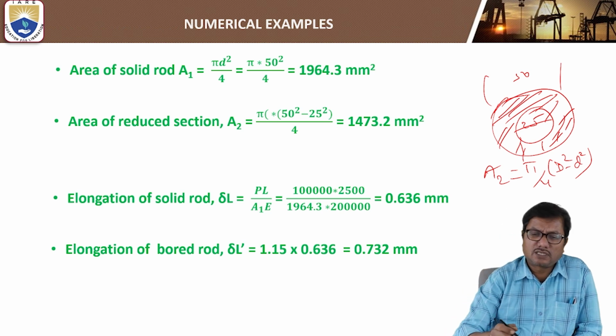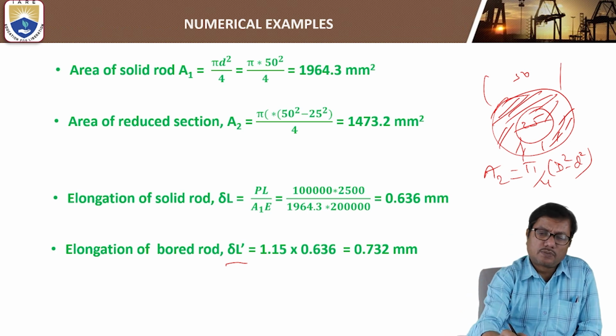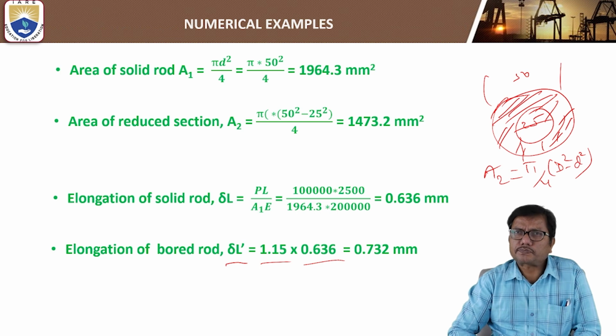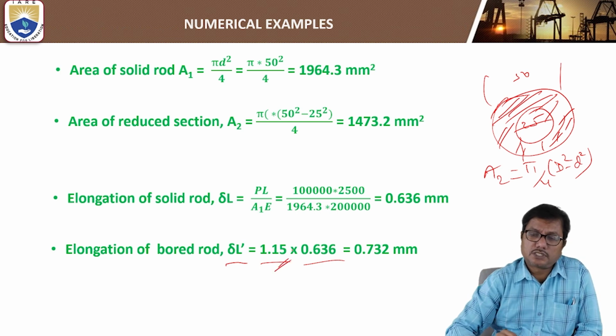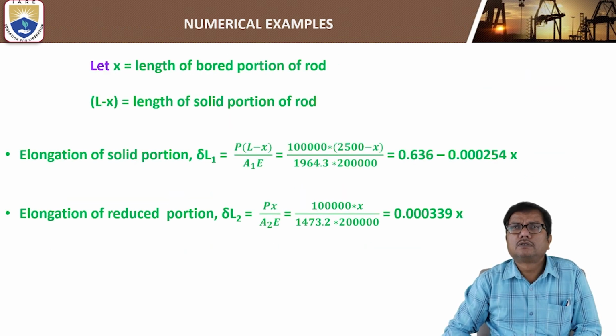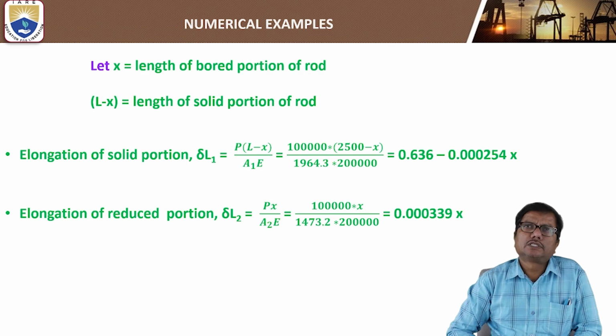That means the elongation of bored rod delta L dash is 1.15 times 0.636, that is 0.732 mm. Now, if x is the length of bored portion, L minus x will be the length of solid portion.